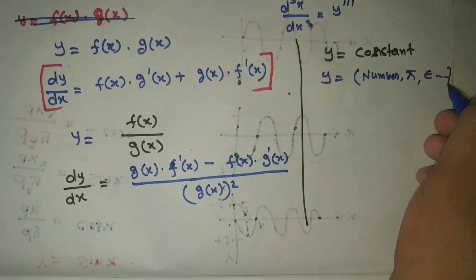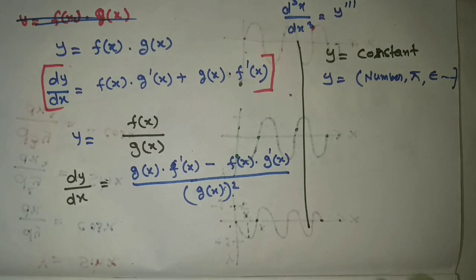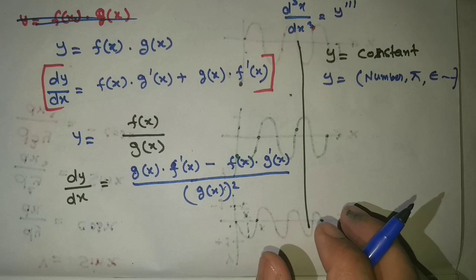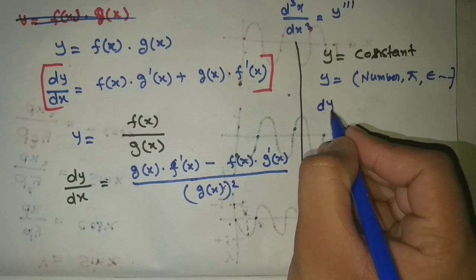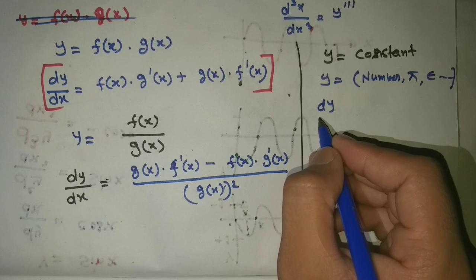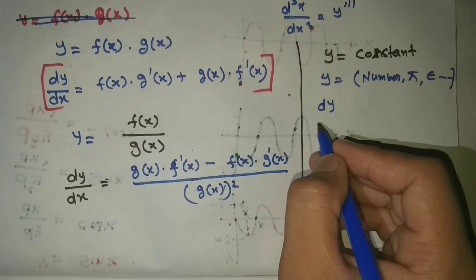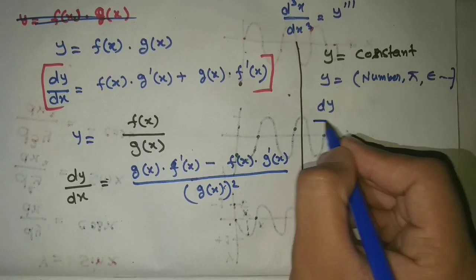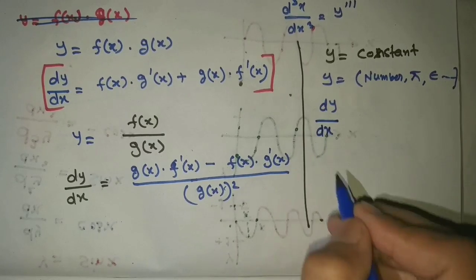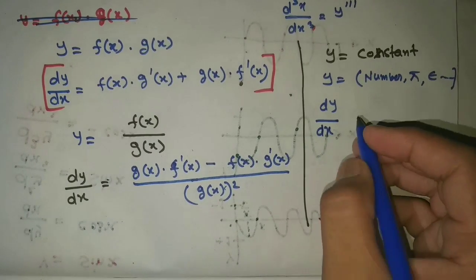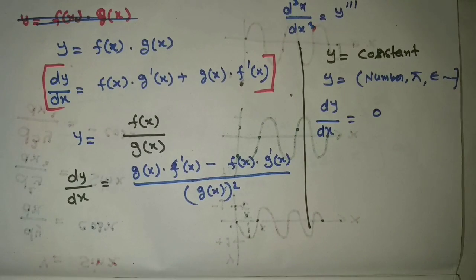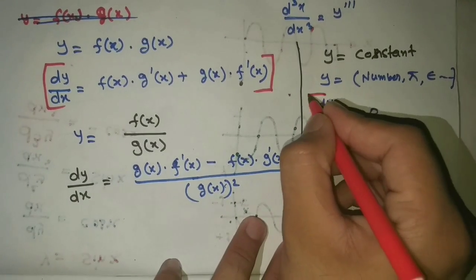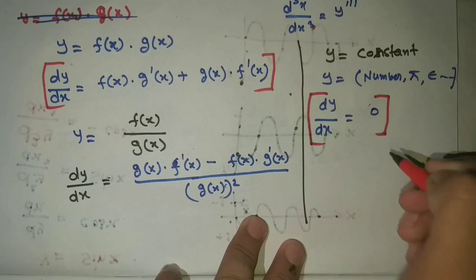If I differentiate a constant with respect to any variable, whether it is time or x, the differentiation will be 0.